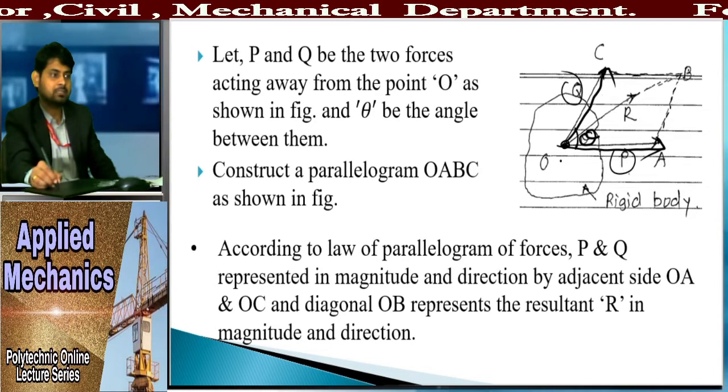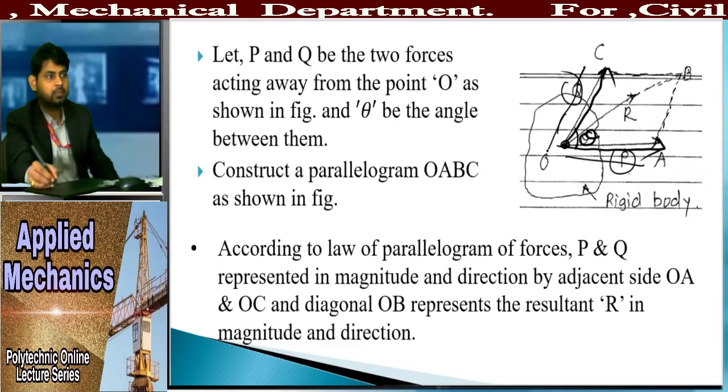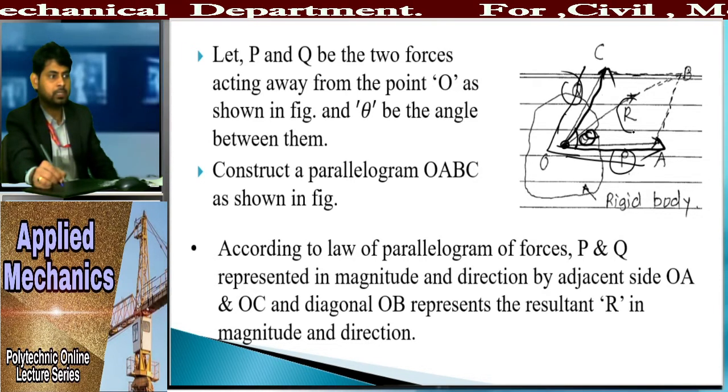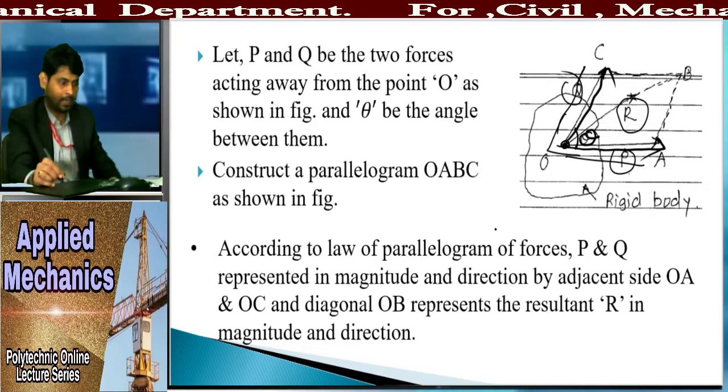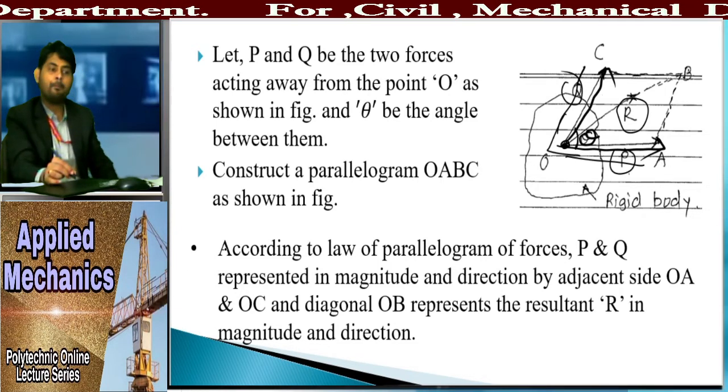OA is an adjacent side and OC is an adjacent side. These two are the adjacent sides and the diagonal OB represents the resultant R. This is the law of parallelogram of forces.